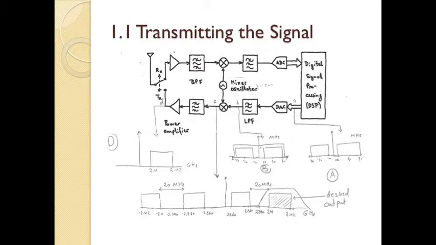These two signals will be shifted to the right by 4.21 GHz, and the resulting signal is shown at graph C. There will also be an image signal reflected on the y-axis, also shown in figure C. Then the signal will go through the bandpass filter, which will filter out all other signals and keep the desired signal, from 2.4 to 2.42 GHz, and then send it through the transmitter to the antenna.